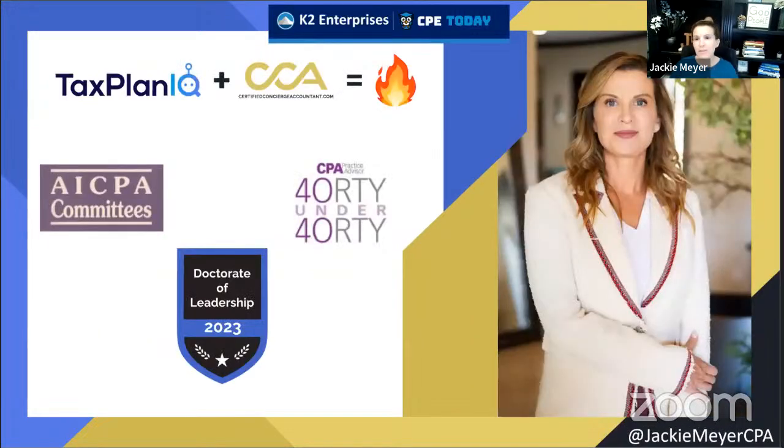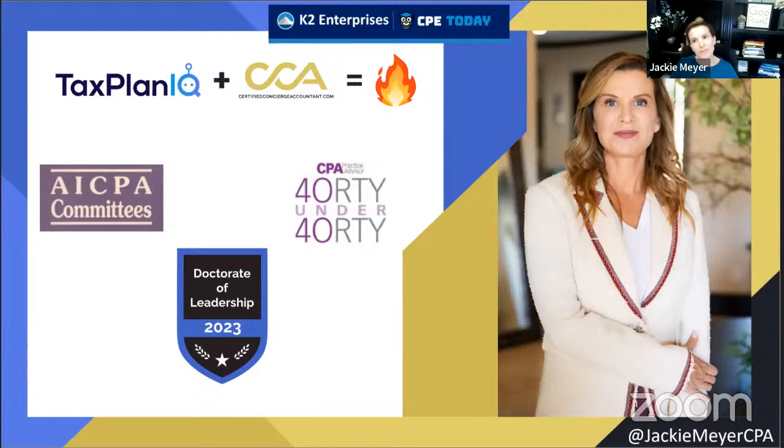So just a brief little synopsis about me. I was a concierge CPA firm owner for 12 years. My firm was recently acquired by an accounting firm that is a coaching student of mine so that I could really refocus on my passions, coaching accountants to better their practices and to better their tax advisory services.